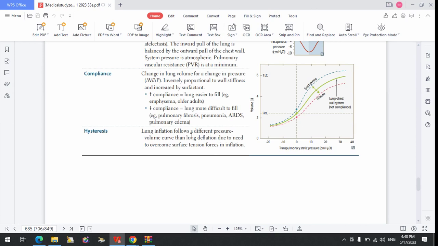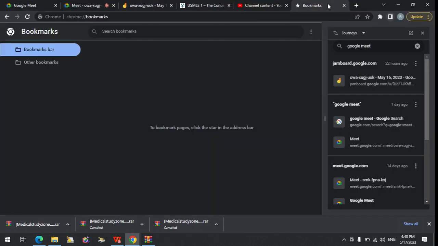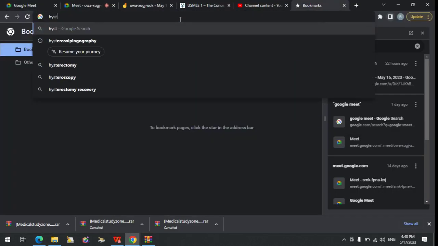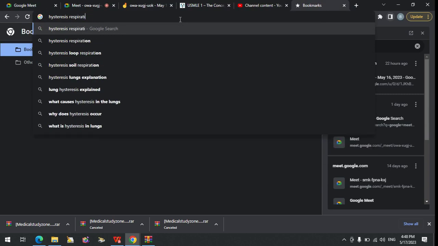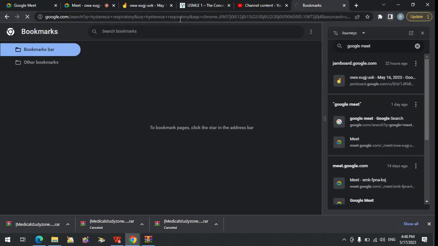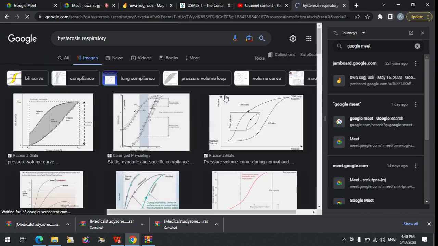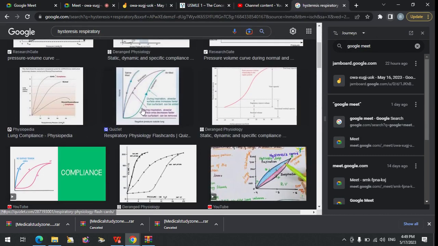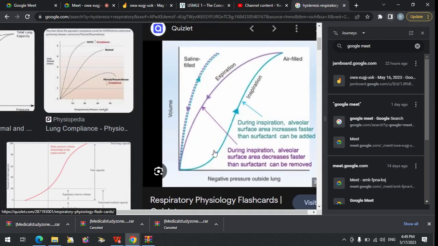Now, quickly about hysteresis. Let me just quickly Google the curve for hysteresis so that we can appreciate what it looks like, respiratory hysteresis. So what I just want to show us here is that we must always remember that compliance stuff.